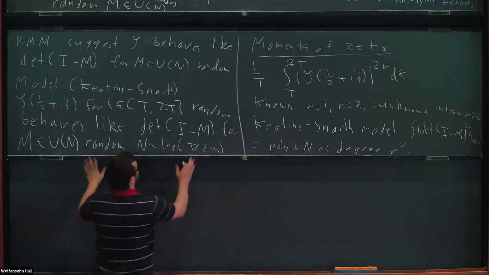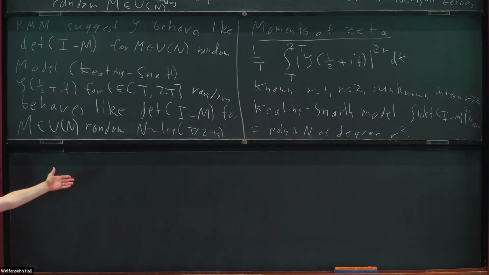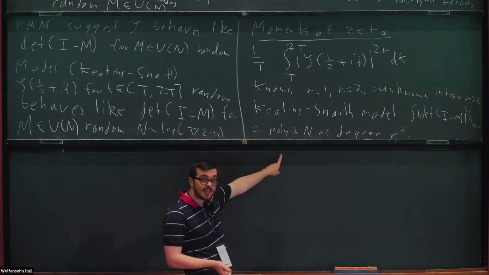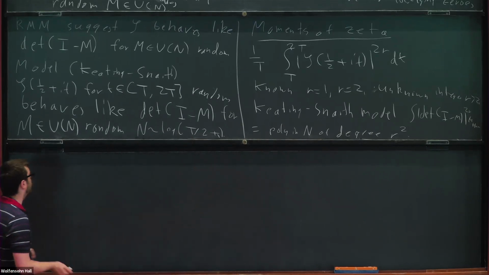Now, Keating and Snaith didn't just stop there. They explained how to fix this and give the right formula for the moment polynomial, at least for the leading term.